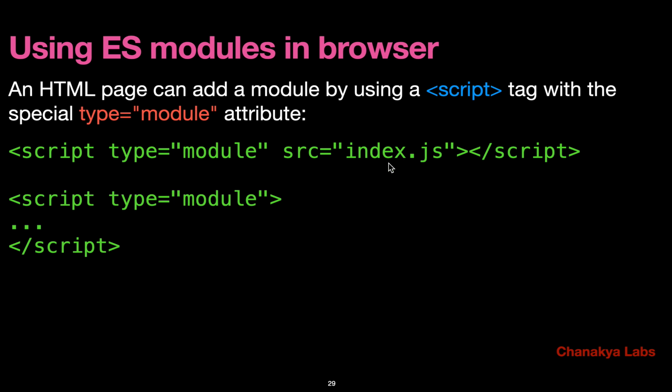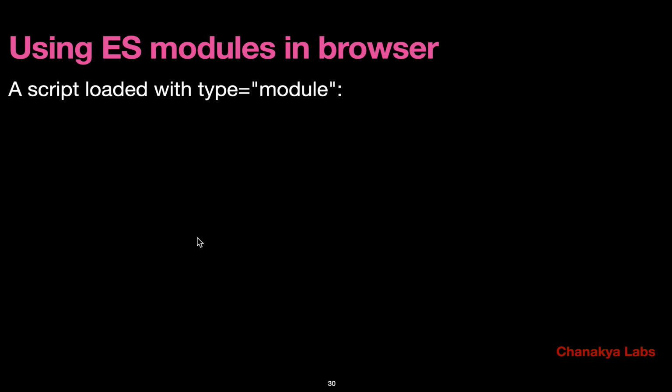This is external, this is internal. For that also you can use type module in that script tag. We already discussed that a script tag loaded with type module automatically behaves like a defer script load. Okay, so defer is understood.